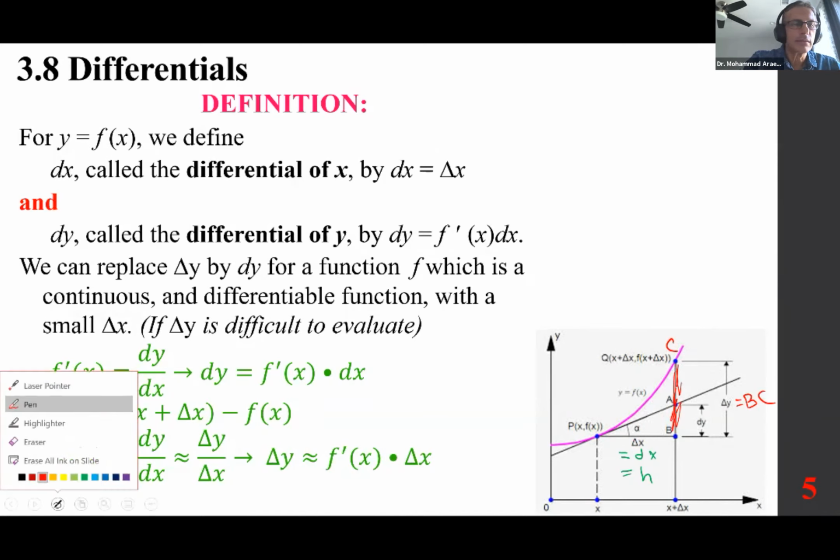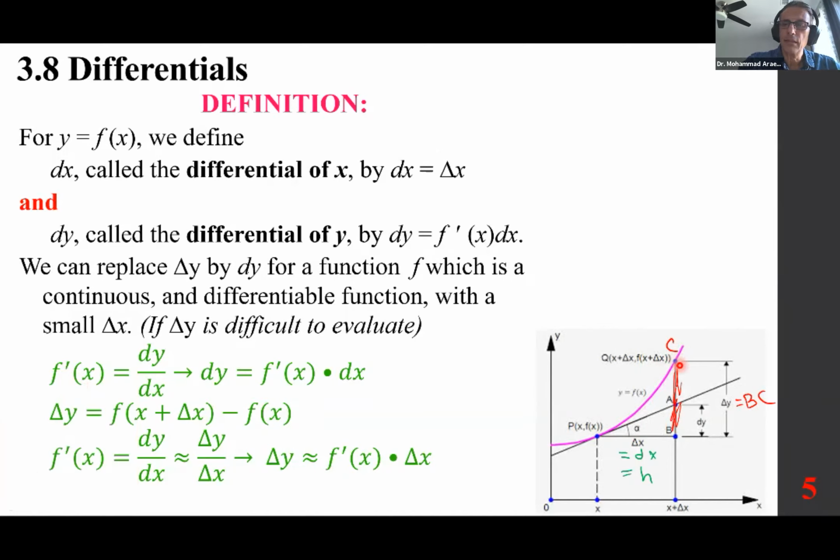It is the difference between this distance, f of x plus delta x, and this distance, which is f of x. So this is precise. Whereas dy equals AB.